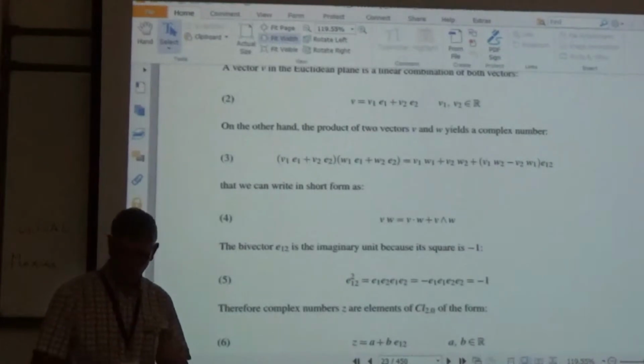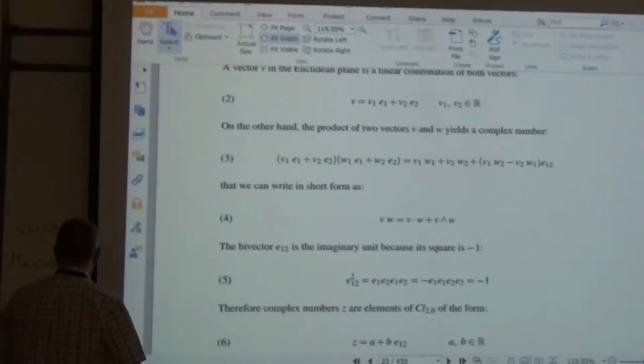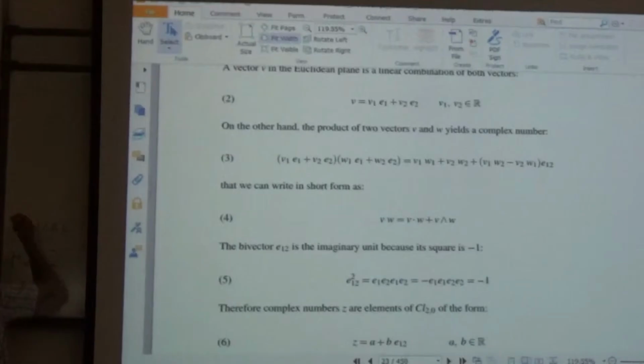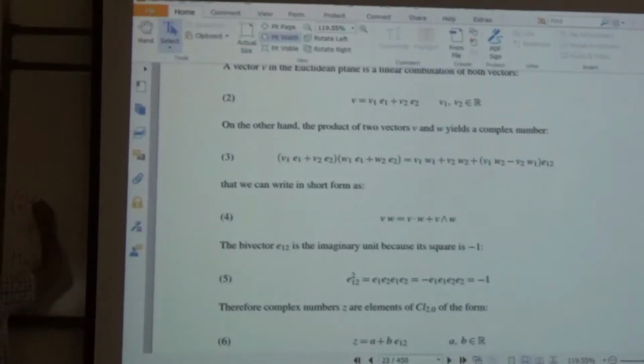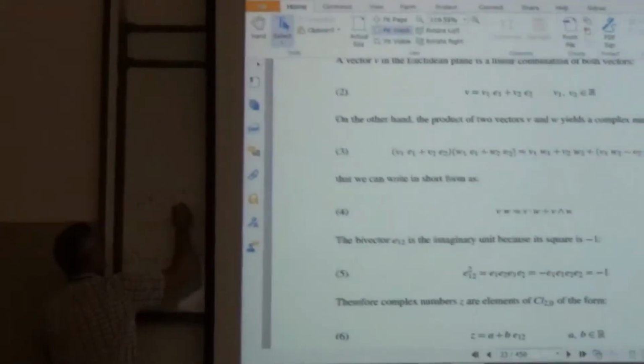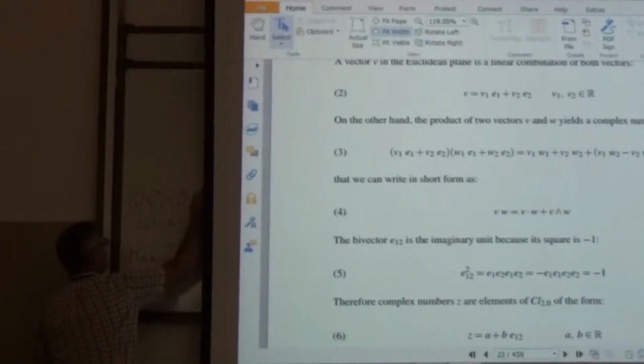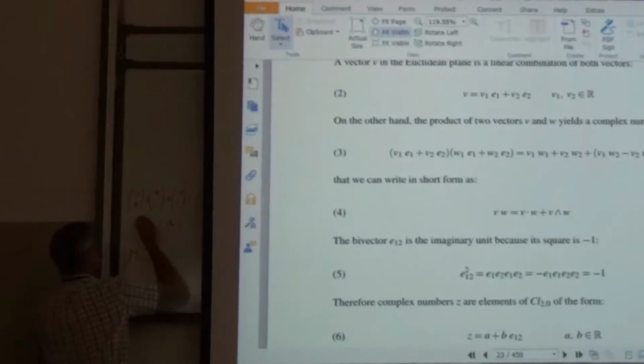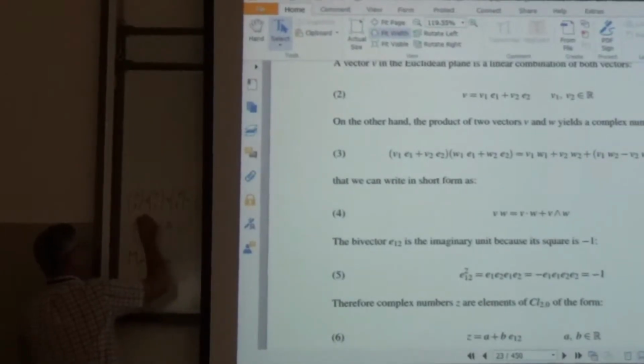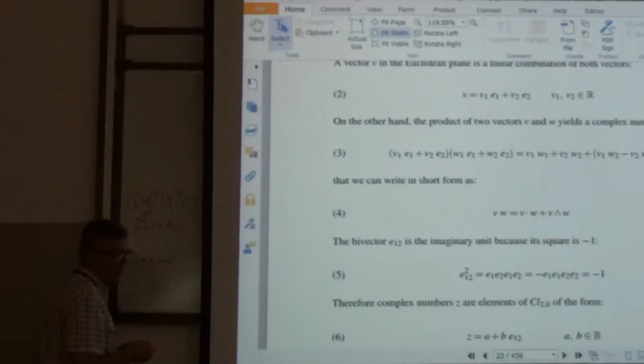So the dimension of the Clifford algebra in general is the addition of the combinatorial numbers up to n over n, which is equal to 2 to the power n. This is the dimension of the Clifford algebra.